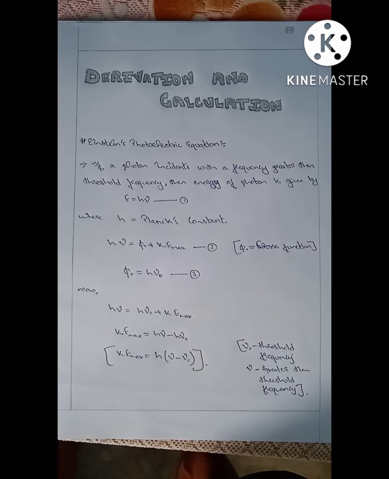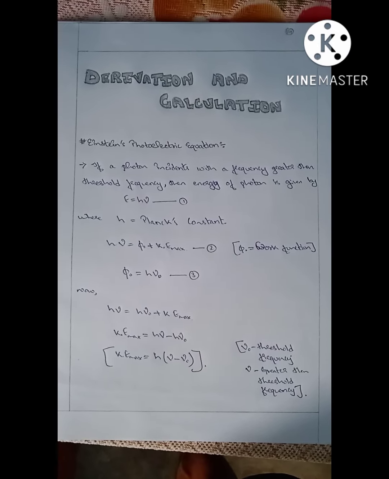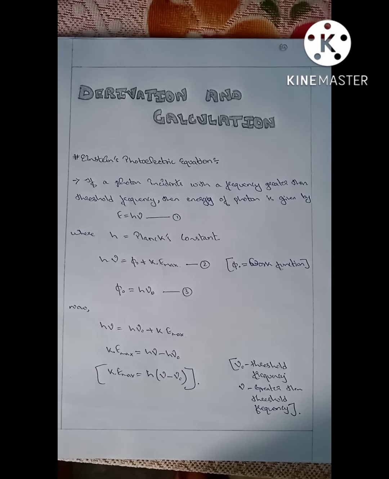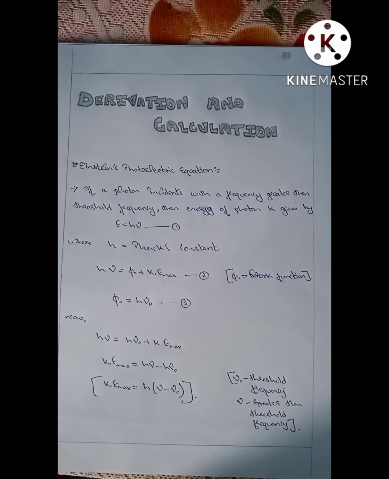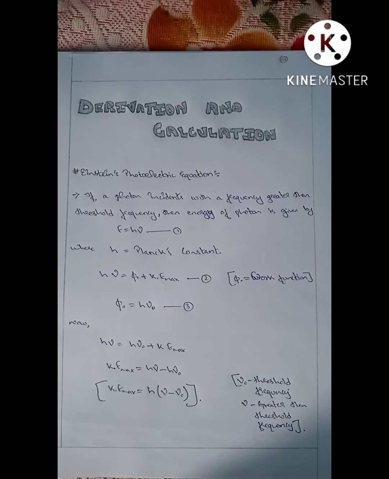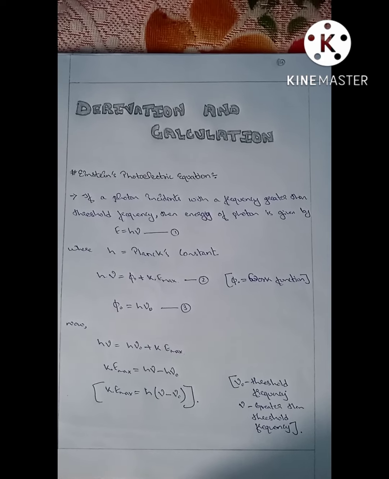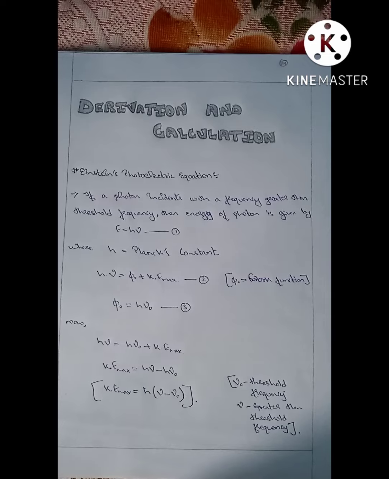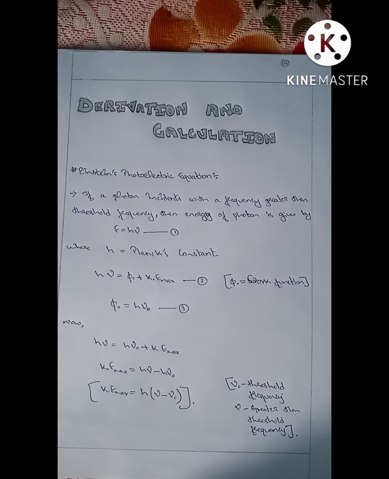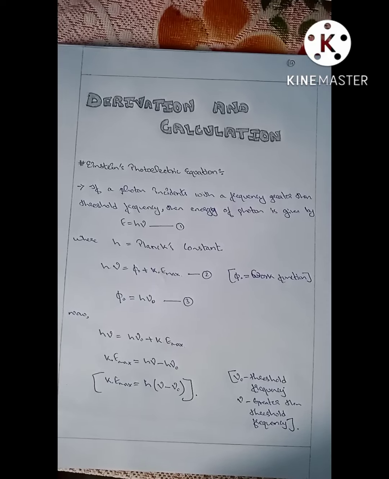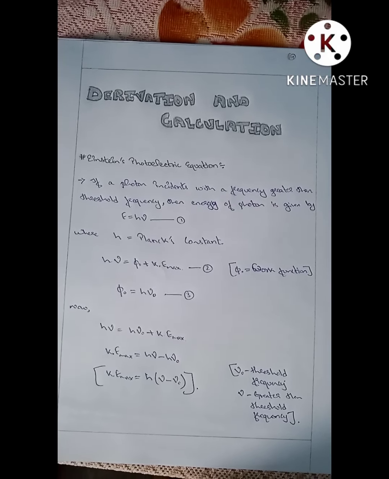Derivation and calculation. Einstein photoelectric equation. If a photon is incident with a frequency greater than the threshold frequency, then the energy of the photon is given by E equals hν, equation 1, where h equals Planck's constant. Now hν equals φ₀ plus K max, equation 2, where φ₀ equals the work function, φ₀ equals hν₀, equation 3.